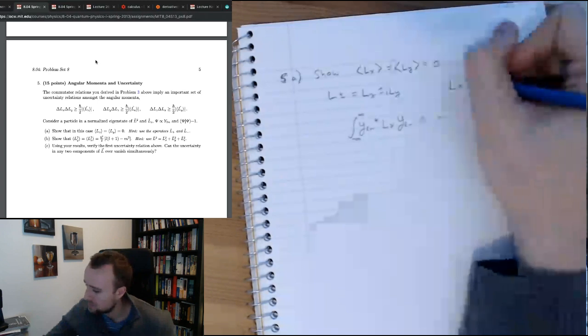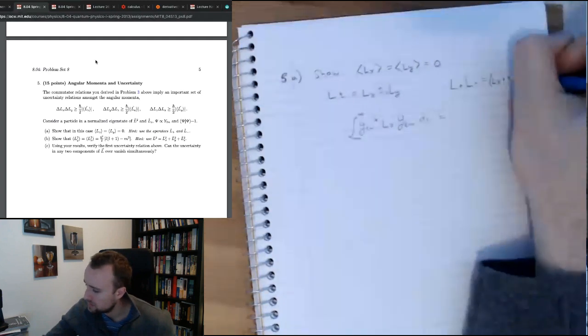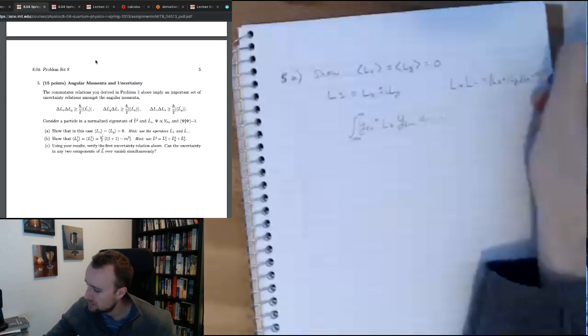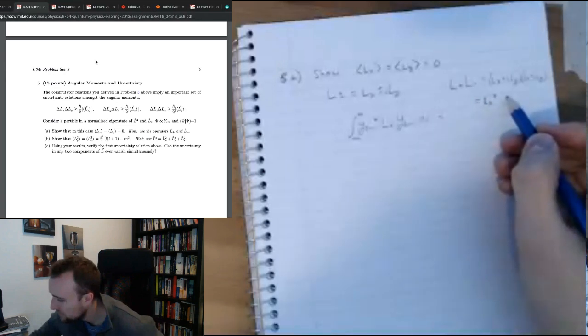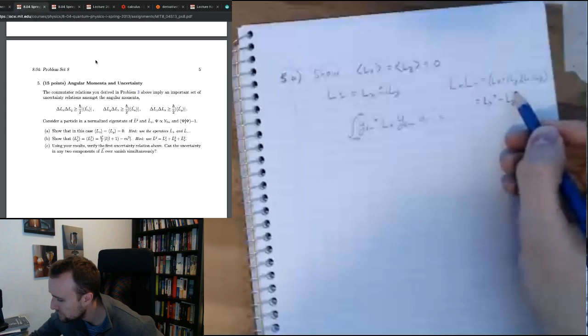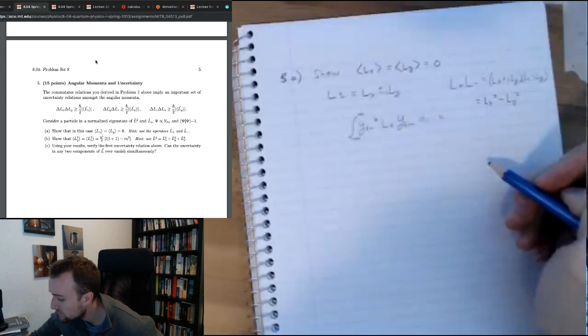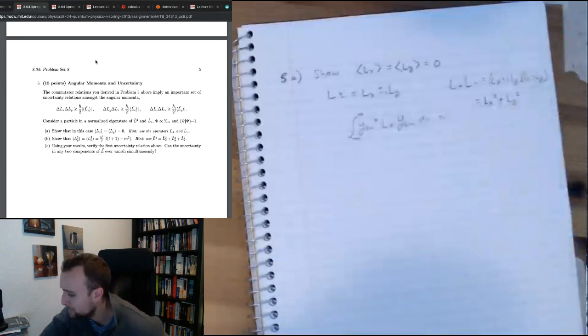So L plus L minus would be Lx plus i Ly, Lx minus i Ly, into Lx squared plus Ly squared. Don't quite know what that gives us.